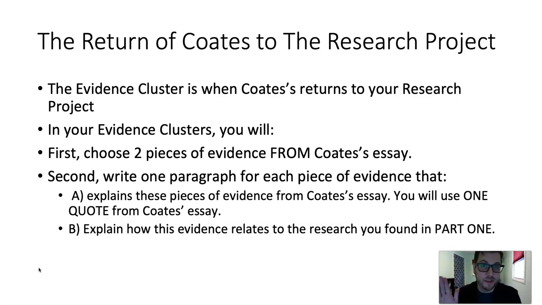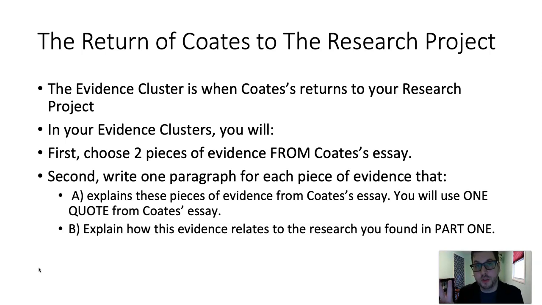Overall, in the evidence clusters, you will choose 2 pieces of evidence from Coates' essay. All right? 2 pieces of evidence, 2 key ideas from Coates' essay that you feel are important and relate to things discussed in the research.